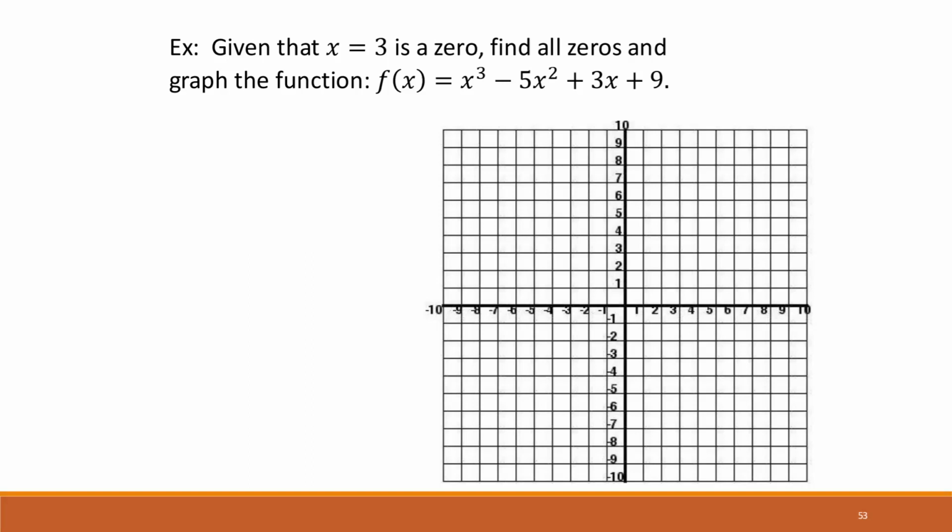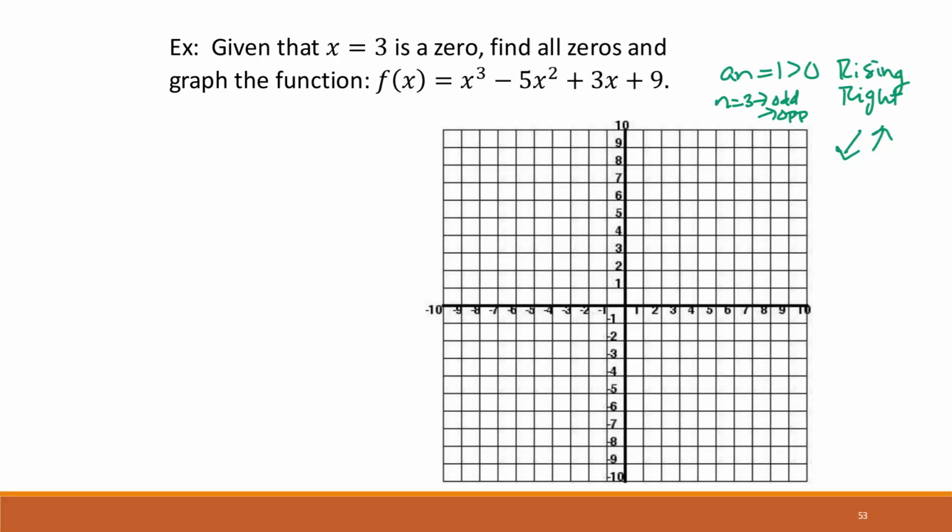We know here that this cubed polynomial, a(n) is 1. 1 is greater than 0, so we have a rising on the right. And n is 3, which is odd, so they have opposite ends. So we're going to have a graph that looks like this from what we learned last lesson.